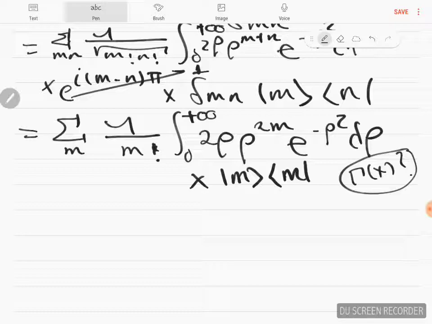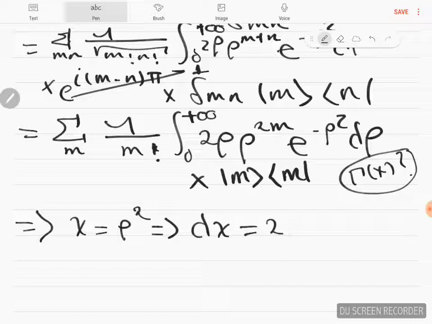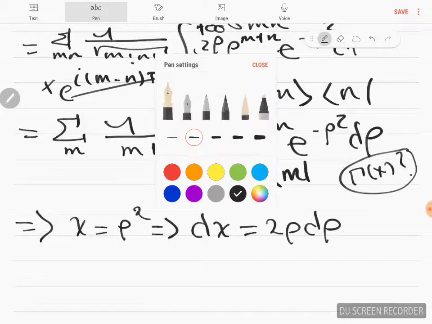So now we will perform the following substitution to solve this integral. We'll say that x is equal to rho squared. That means that dx is equal to 2 rho d rho. Well, guess what?